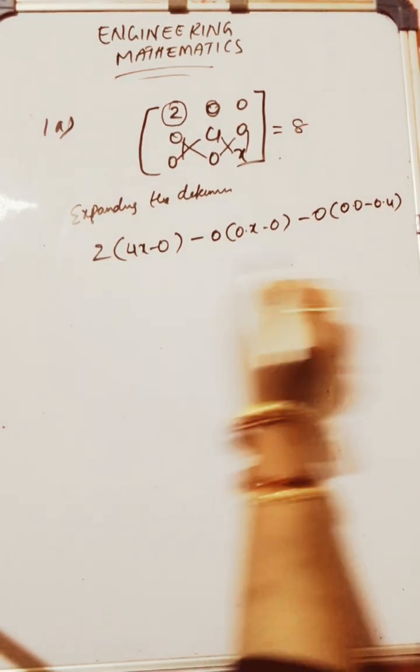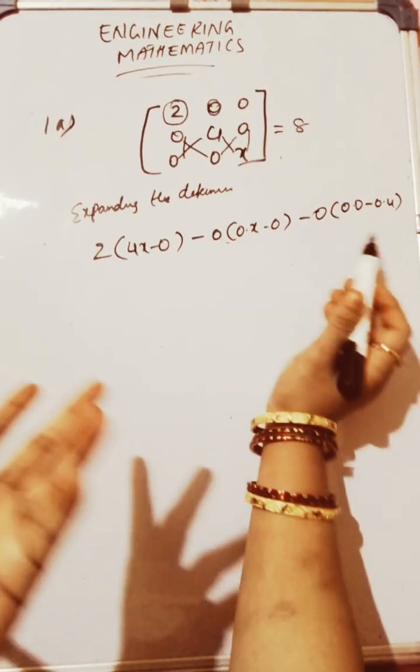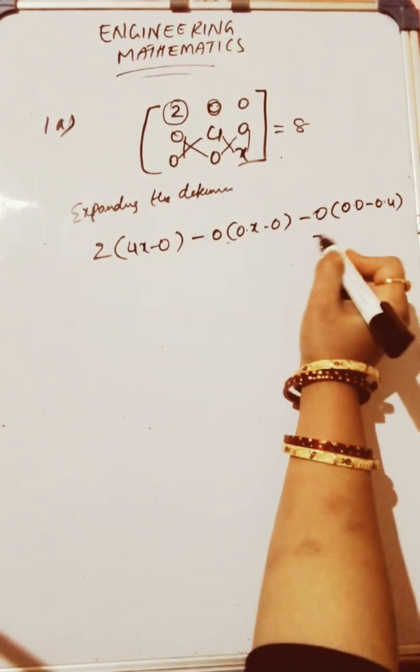For your understanding I am writing this step, but there is no need to write it, because 0 into anything is 0 only.